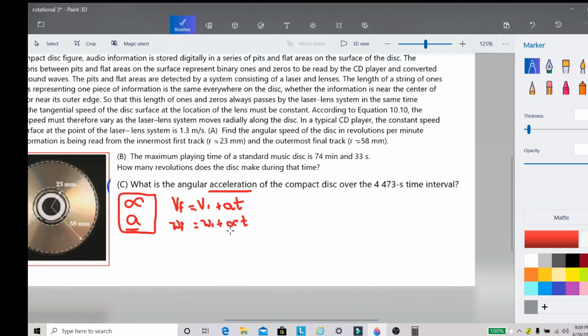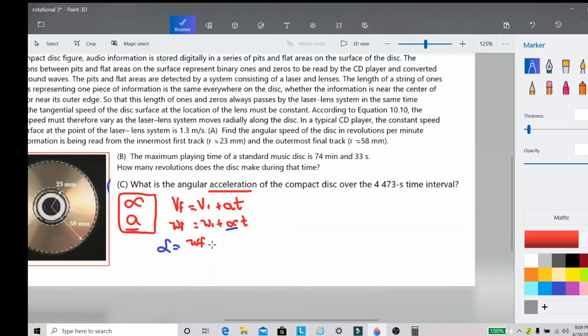O, kukunin daw natin to, itong alpha to. Therefore, alpha will be equal to what? So, alpha will be equal to omega sub f. And we transpose this omega sub i to the other side of the equation.